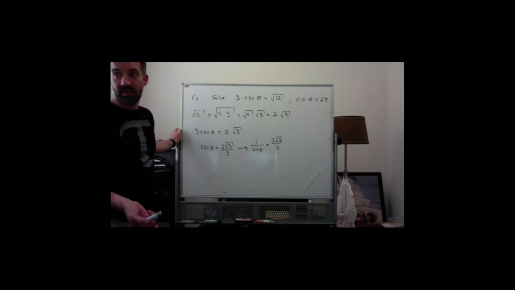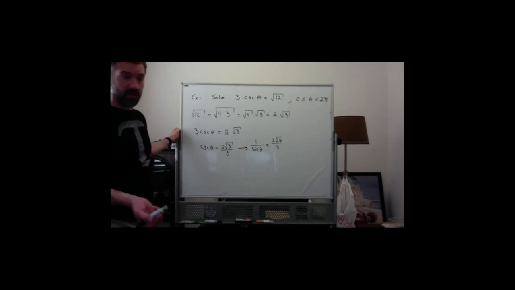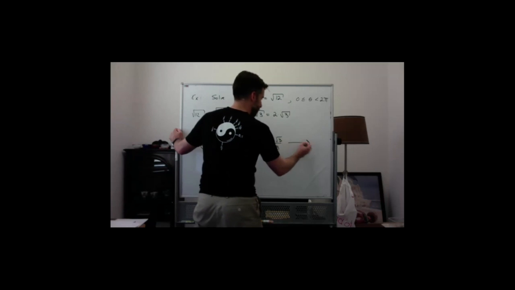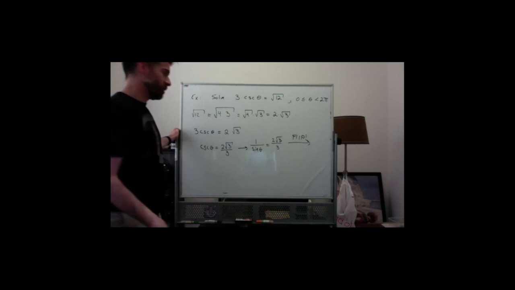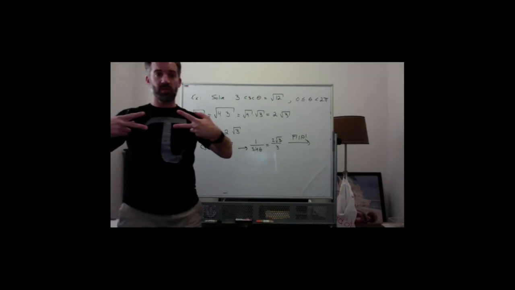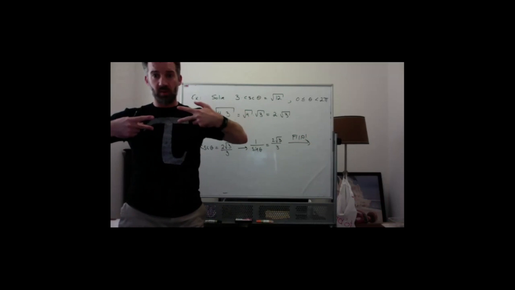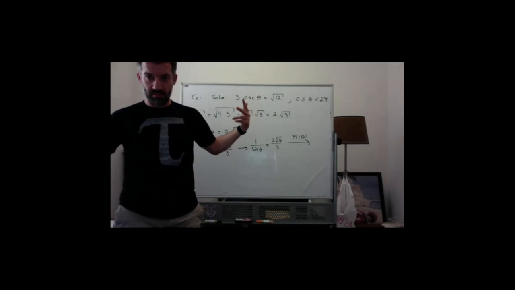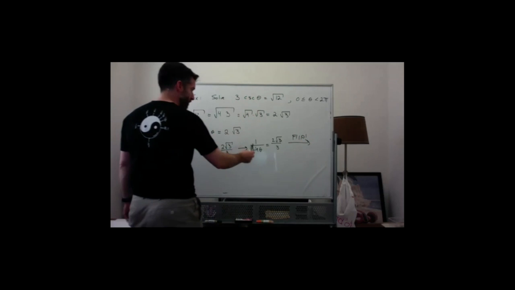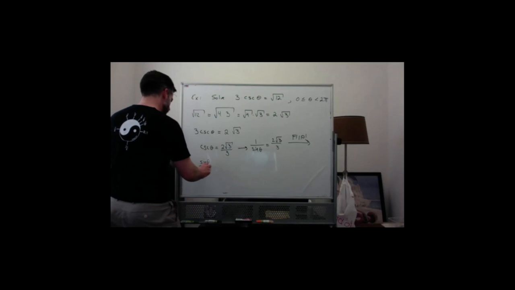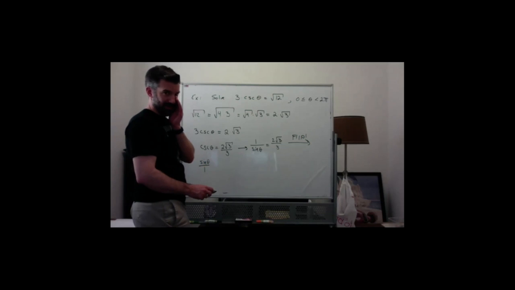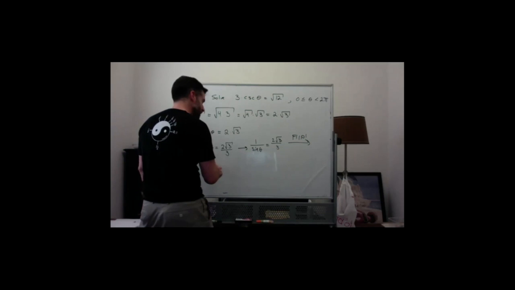And then I would flip them both over. If two fractions are equal to each other, their reciprocals are also equal to each other. Has to be true. So if these are equal, it's also true that sine of theta over 1, which is just sine of theta, is equal to 3 over 2 root 3.